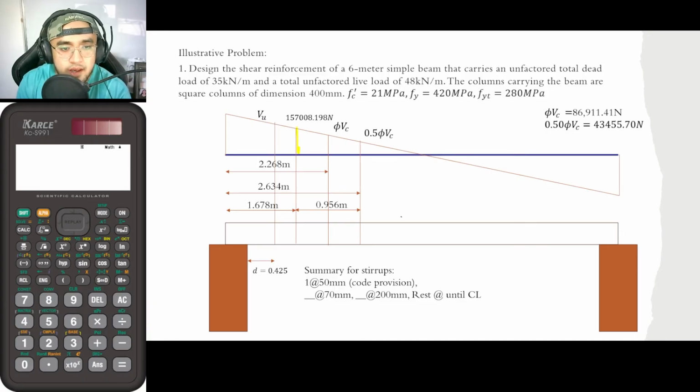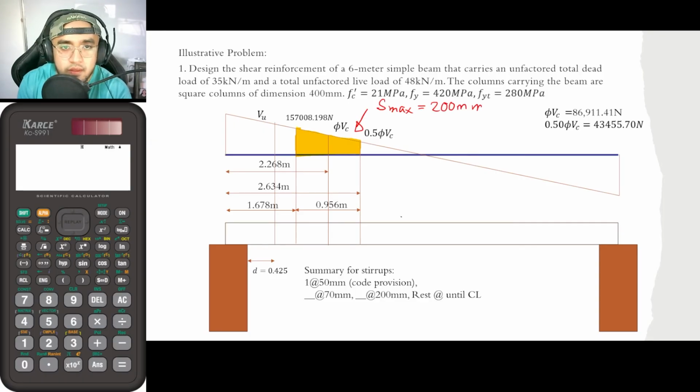So, at this region here, guys, from this point to, let's say, this point, we would be providing a spacing of S-max. Okay? So, again, we would be providing a spacing of S-max here, which is 200 mm.